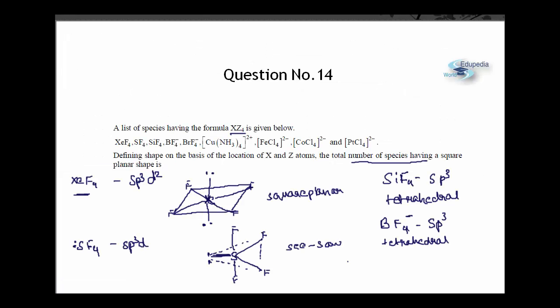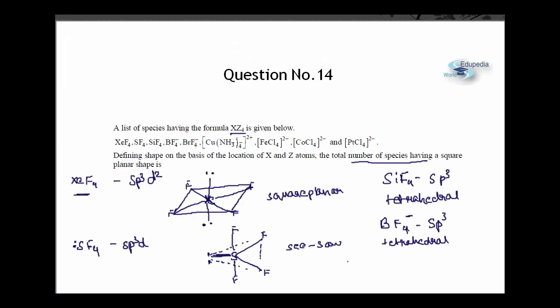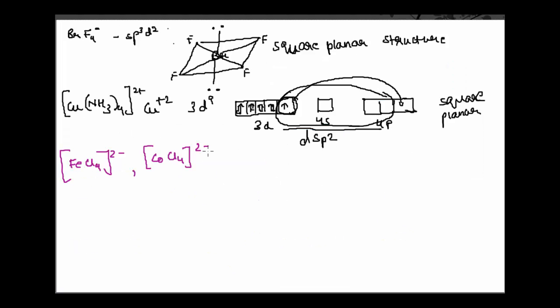The other two options are FeCl4 2- and CoCl4 2-. These are the other two options. As we all know, Cl- is a weak ligand, and in both these complexes, Fe over here will be in a +2 oxidation state, and similarly the cobalt over here will also be in a +2 oxidation state.